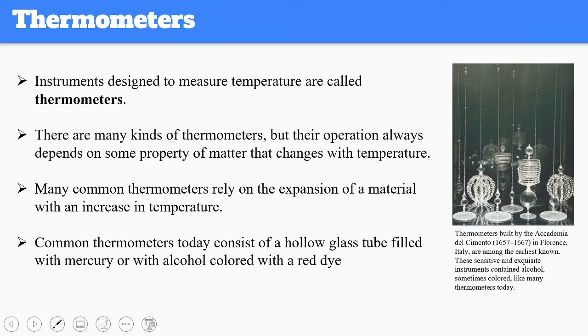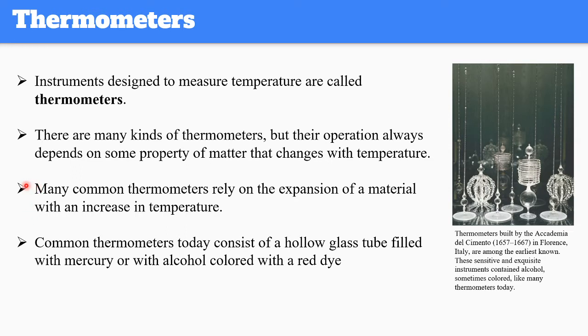Alright, so thermometers, like we said, are used to measure the temperature. And there are a lot of different thermometers, actually. You probably know just 3 of them, but there are a lot more than that. These are some old thermometers in a museum in Italy.